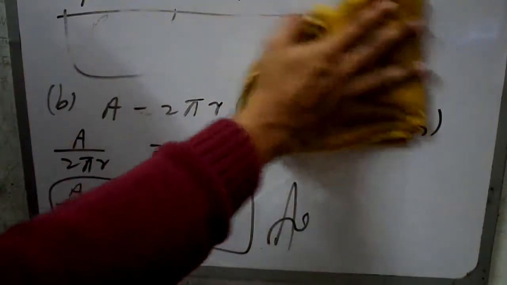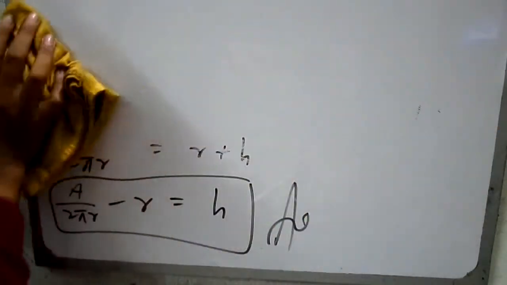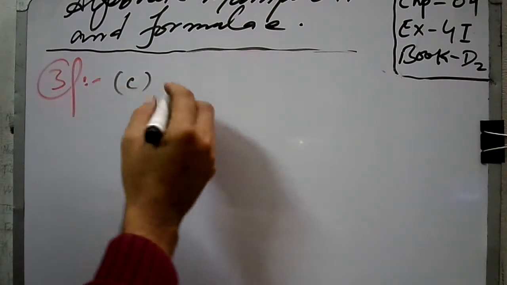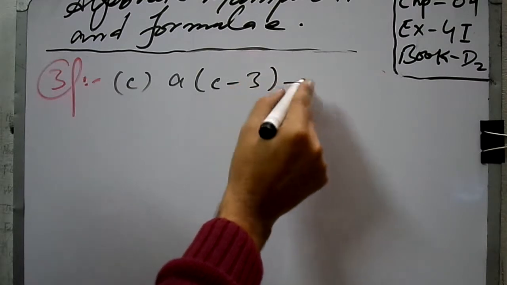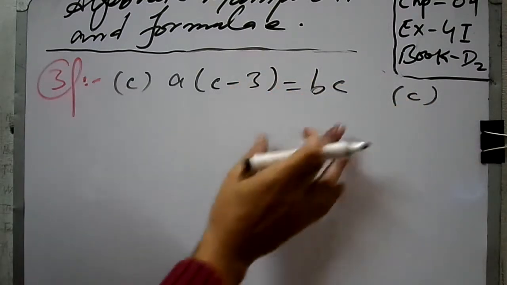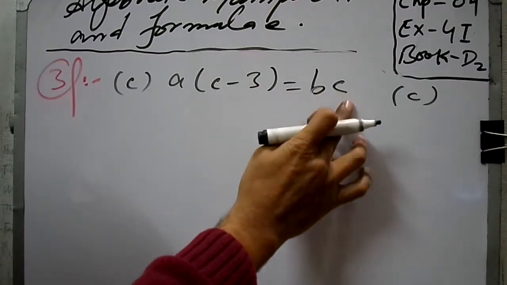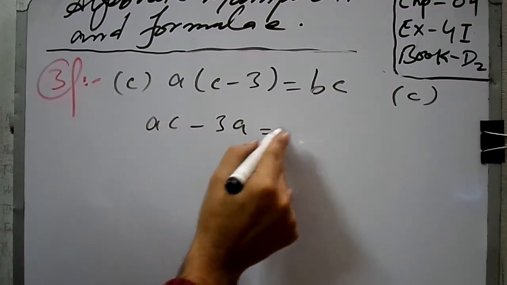So coming to the C part, that is A into C minus 3 is equal to BC. You need the value of C. When you find two C's here, left-hand side and right-hand side, it means multiply it first, that is AC minus 3A is equal to BC.